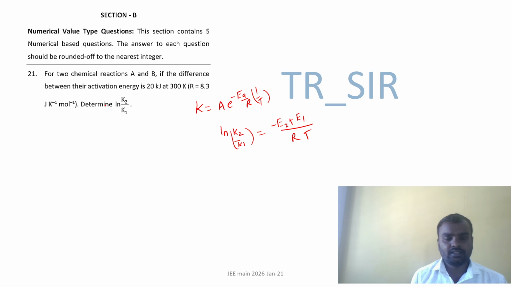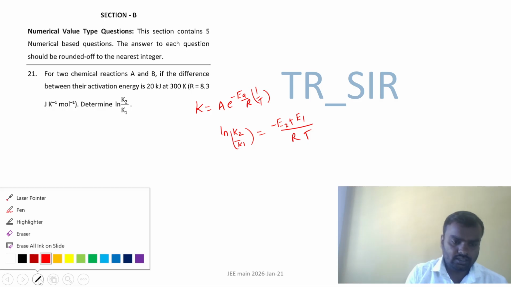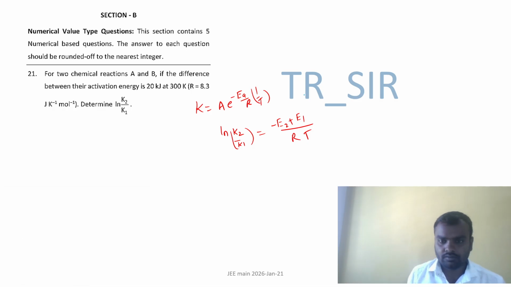They have given the difference in activation energy as 20. So this value they have given us is 20. Substitute here 20, and the R value they have given is 8.3. The given temperature is 300 Kelvin.